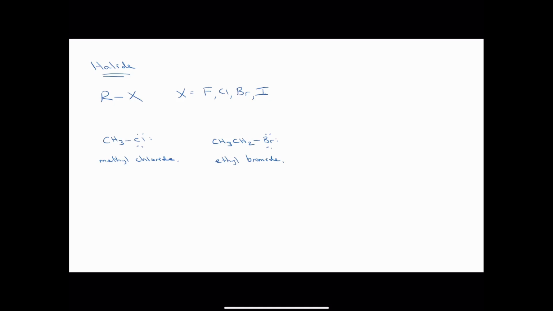And these are both common names. The IUPAC names for these would be chloromethane and bromoethane, respectively. Anyhow, the reason that you need to know about alkyl halides or halides is because they are widely used in organic synthesis. And in organic synthesis, they are commonly used as a way to increase the number of carbon atoms in a structure.